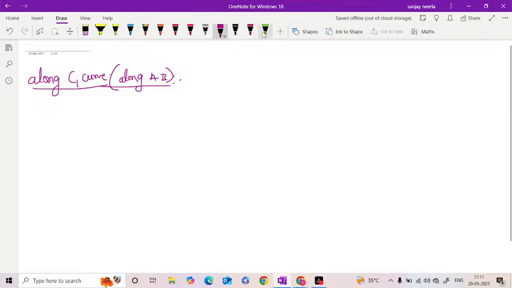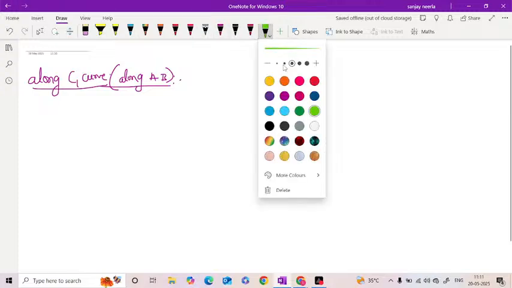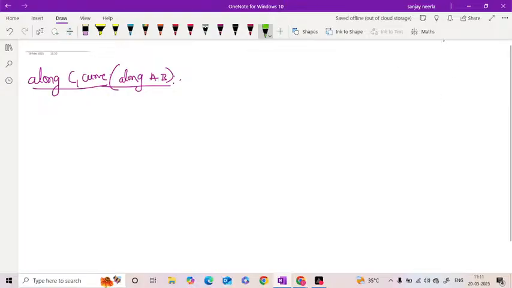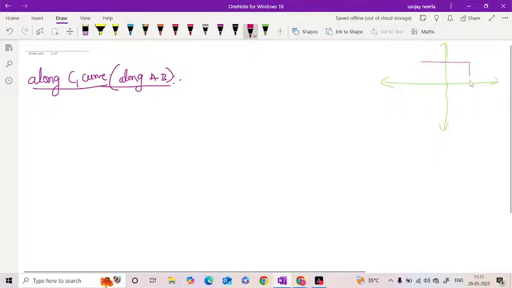Roughly, this is the y-axis, this is the x-axis, and this is our square, and this one is A to B.